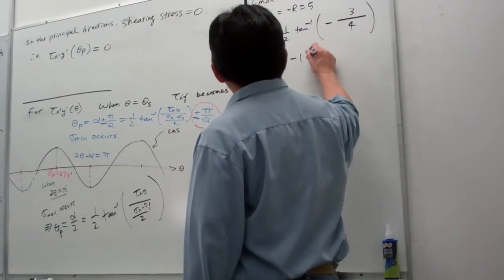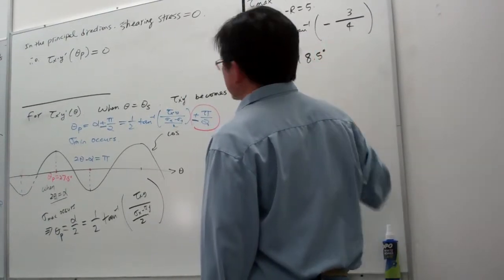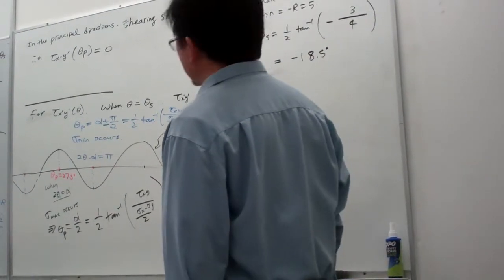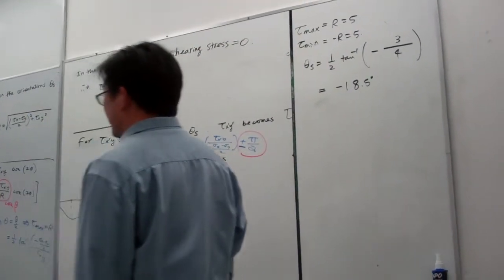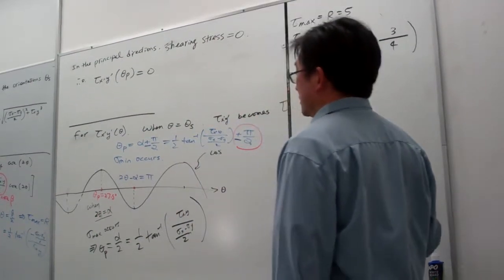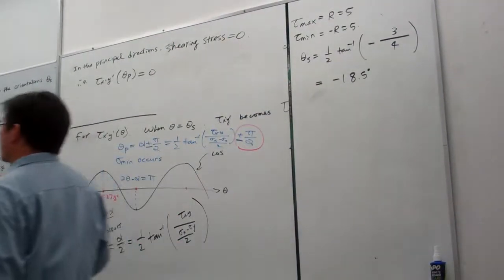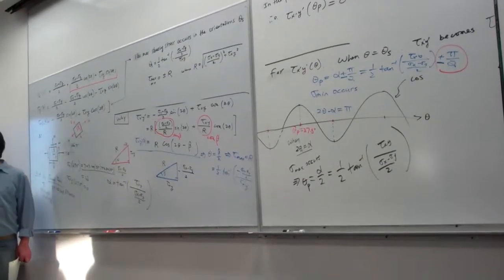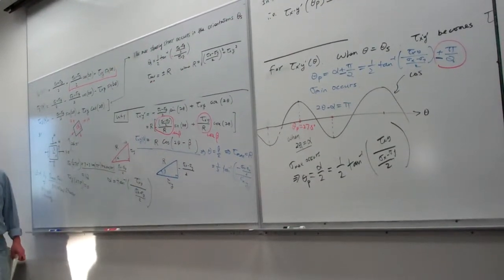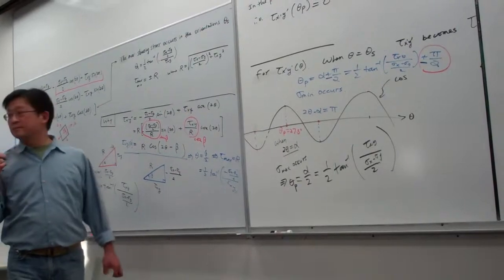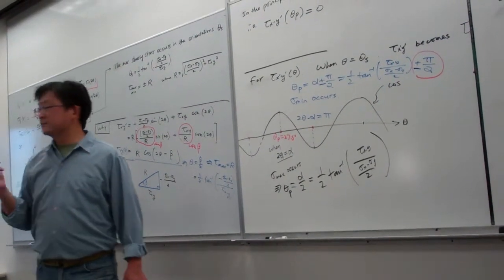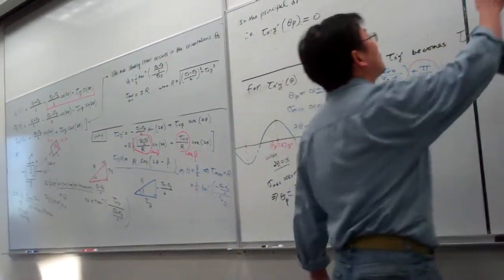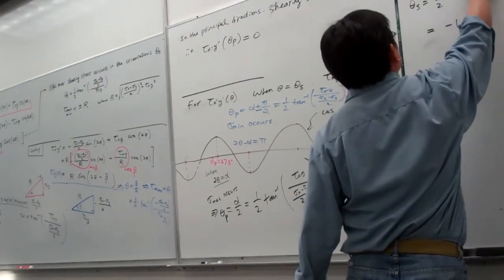Yeah, negative 18.4. 45 degrees, about. Negative 18, negative 17. Negative 18. Then my calculation, this should be 26, sorry. Okay, sorry, correct this number, please. For the tau min, shouldn't that be negative 5? Oh, yes, negative 5. Good.